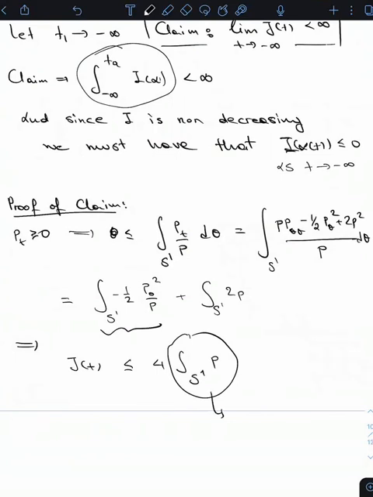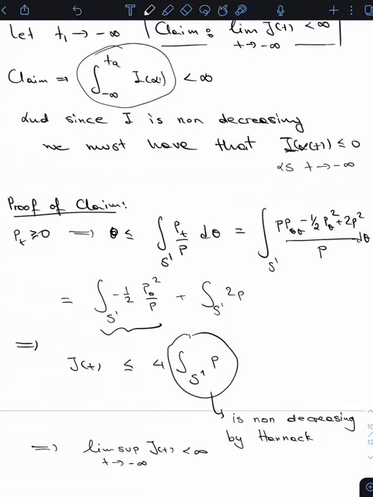So this integral is non-decreasing, again by Hamilton's Harnack inequality. As we let time go to minus infinity, this remains bounded. So this implies that the limsup of J(t) as t goes to minus infinity is always bounded, which is what we wanted to prove.